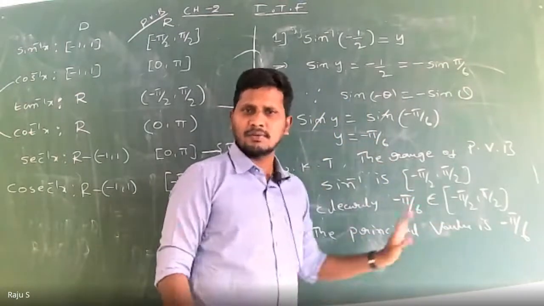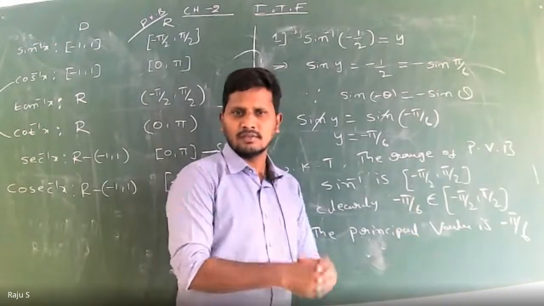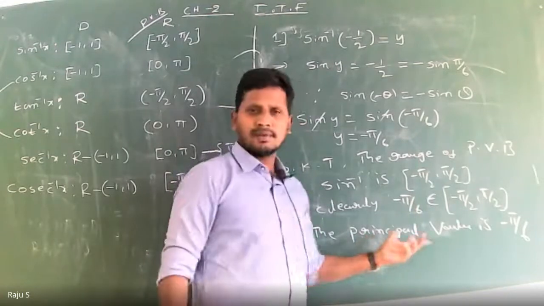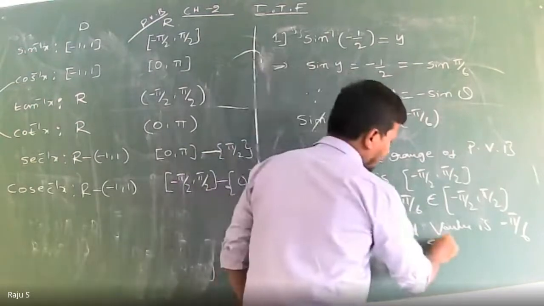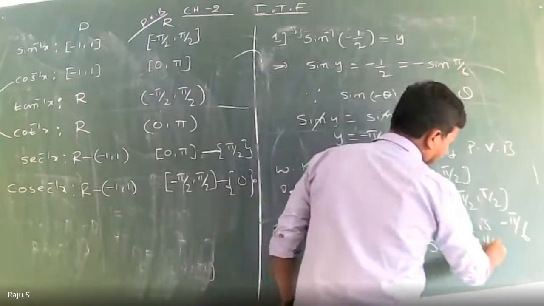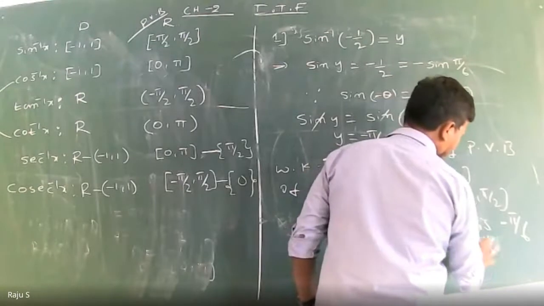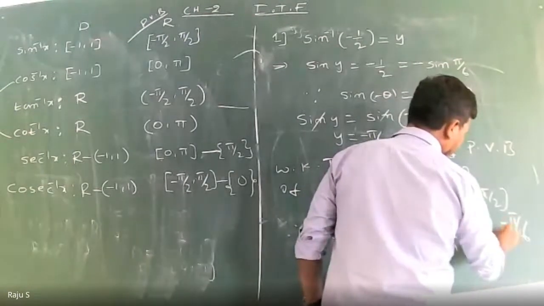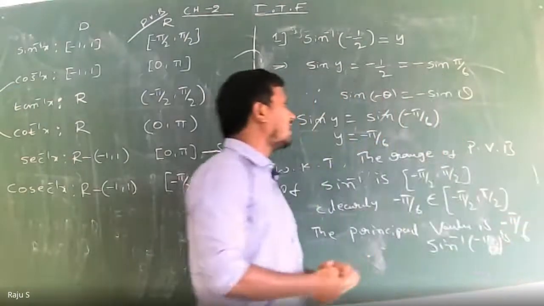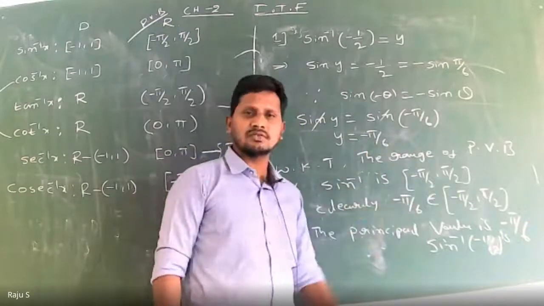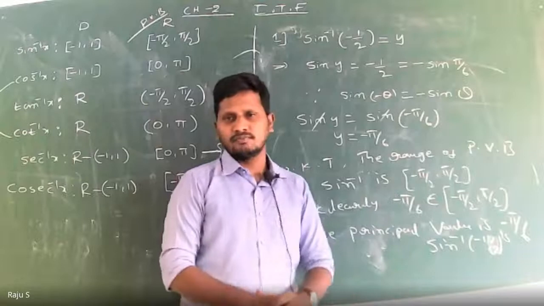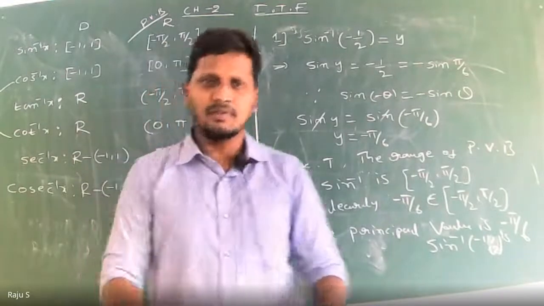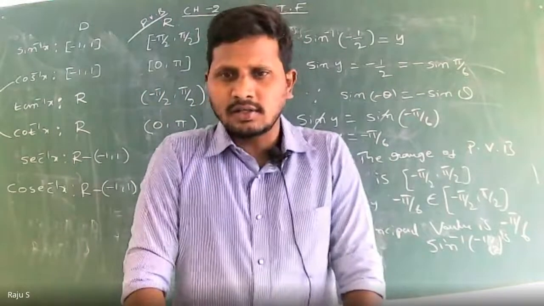Therefore, sine inverse of minus 1 by 2 is minus pi by 6. In case this value does not belong to the given interval, we will change the theta value.